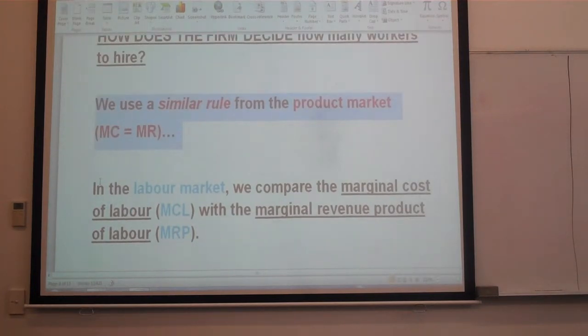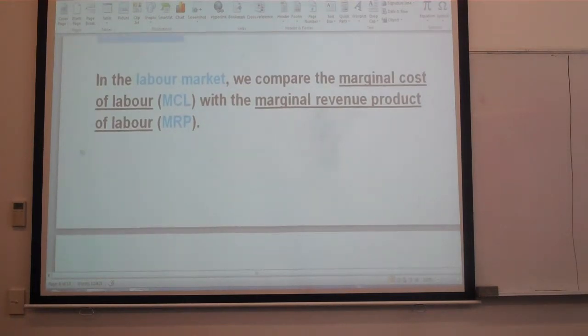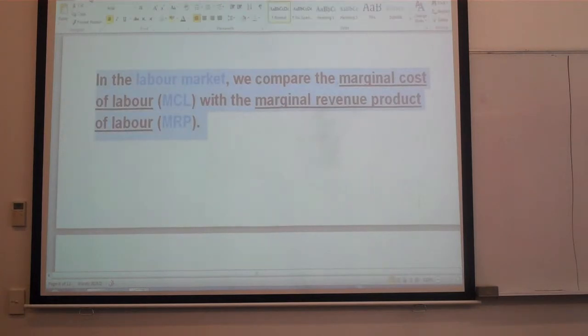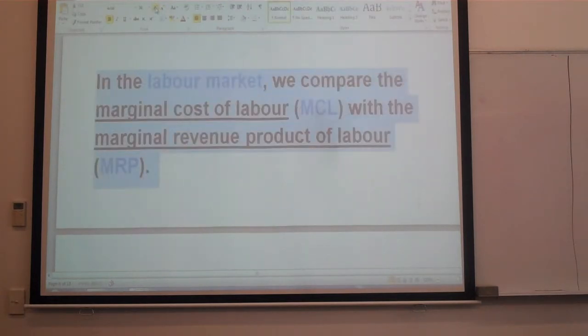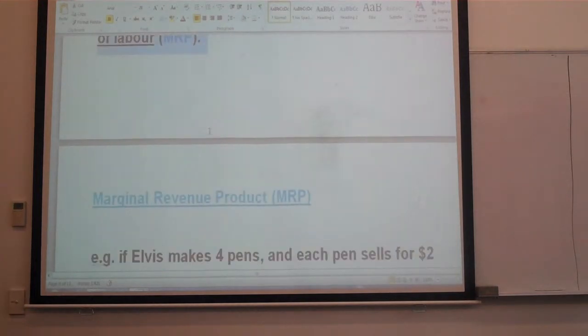In the labor market, we compare the marginal cost of labor to the marginal revenue product of labor. The marginal cost of labor, which is MCL, and the marginal revenue product of labor, which is MRP. We've already seen what the marginal cost of labor looks like. Now we need to see what the marginal revenue product of labor looks like.